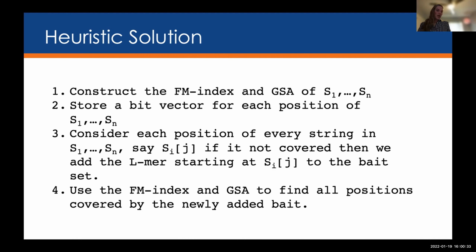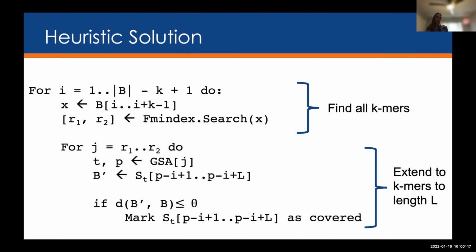We're not finished yet, because we now need to use the FM index and the suffix array to find all new positions that are going to be covered by that bait. Normally, this would be easy, except for the fact that we have this theta Hamming distance. So we have to find everything that is within theta distance from our new bait. We do a seed and extend approach.